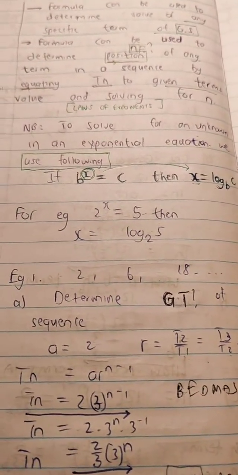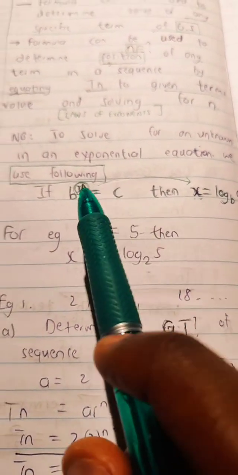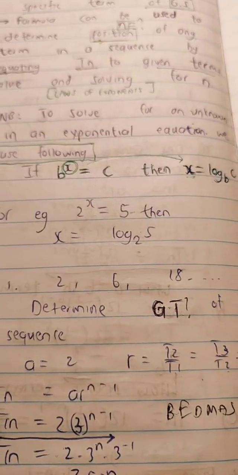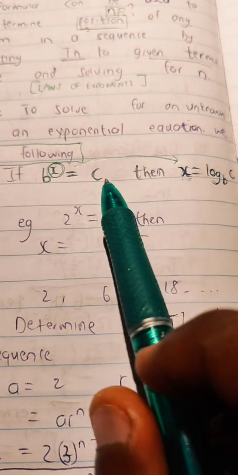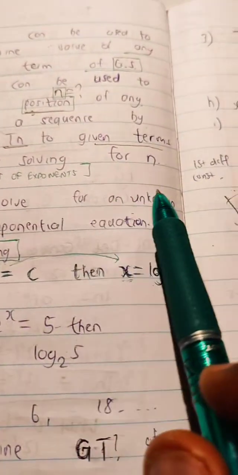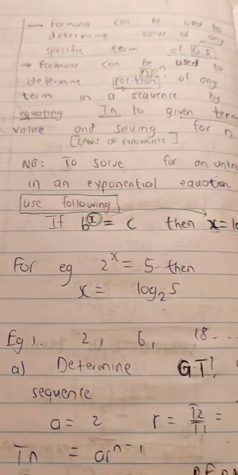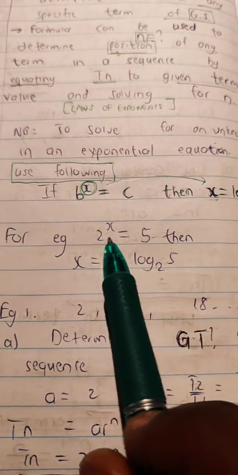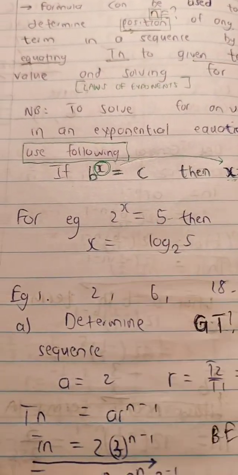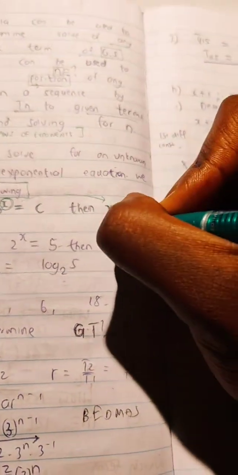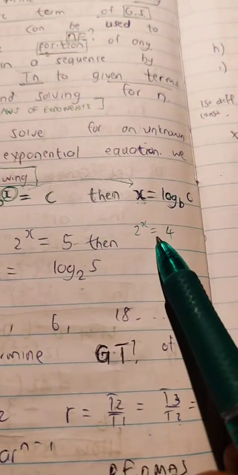Now I'm going to bring my calculator into view very quickly. This is an important concept because we are going to be using log a lot to solve for our unknown. We use this to solve for an unknown in an exponential equation whereby your base on either side of the equal sign is not the same. You know how to solve an equation with exponents when the bases are the same.